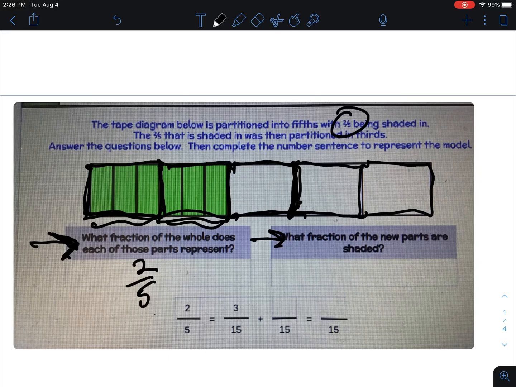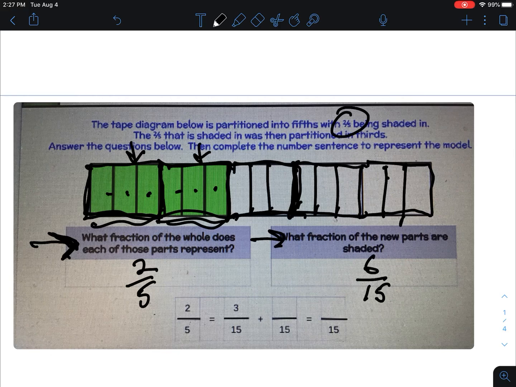All right, so see if you got this. The answer is 6/15. Why? Because you have to divide up the rest of the big rectangles into the same number of pieces that we did over here, 3 each. So if you count them up, 6 out of 15 now are shaded.